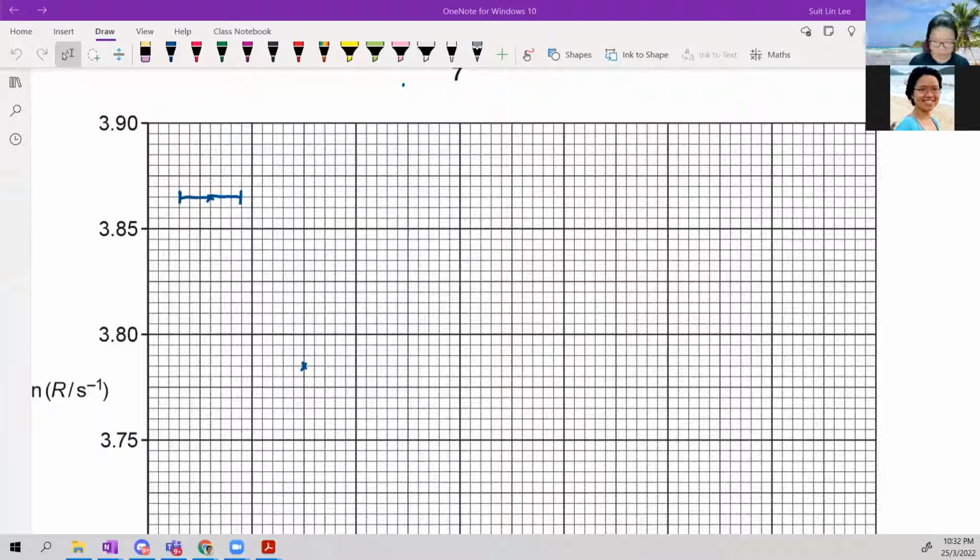Okay. I'm going to see if I can change the app so I can use a different ruler. You focus on drawing the error bar.